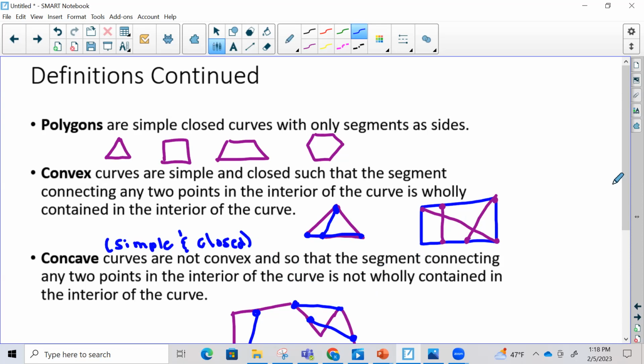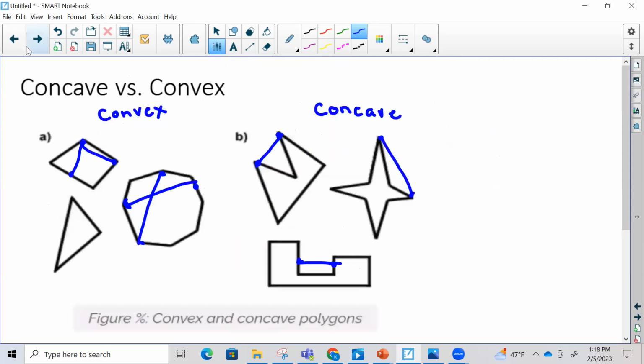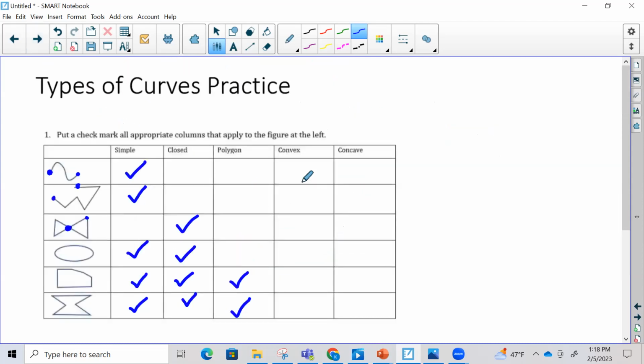So when you can find a line segment connecting 2 points that will not be completely inside the figure. So again, we're only looking at the simple and closed ones. So we're looking at these last three. If it's not simple and closed, it cannot be convex or concave.